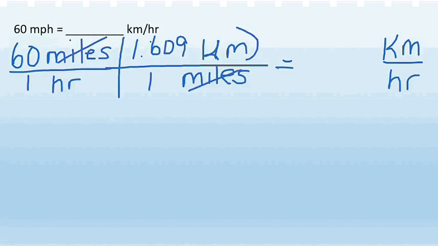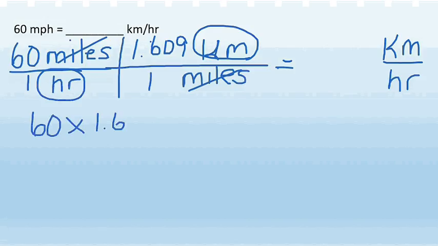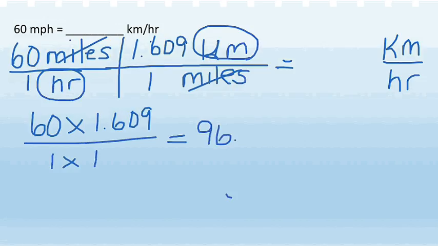When I look, the only unit I'm left with on the top is kilometers, which is what I expect. And my hours are still here on the bottom. They haven't changed. So now all I have to do once again is my math. 60 times 1.609 divided by 1 times 1 gives me 96.5. So that is equal to 96.5 kilometers per hour.